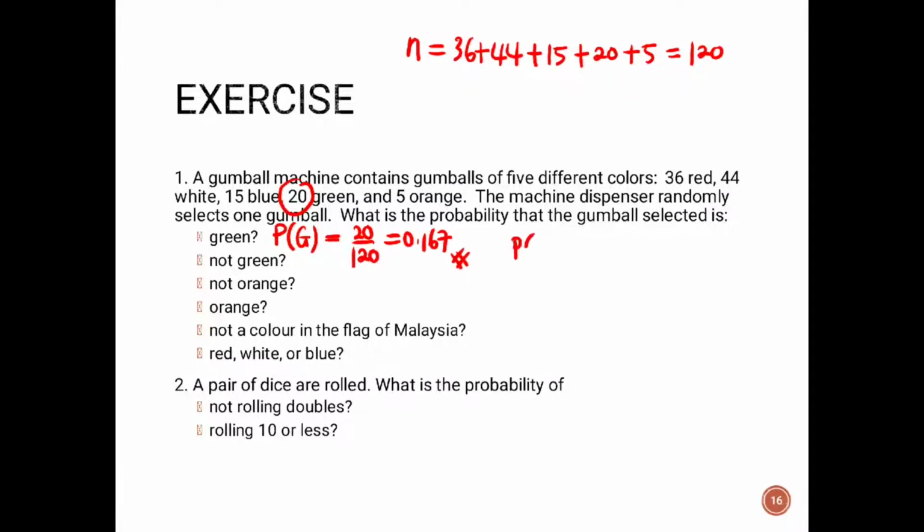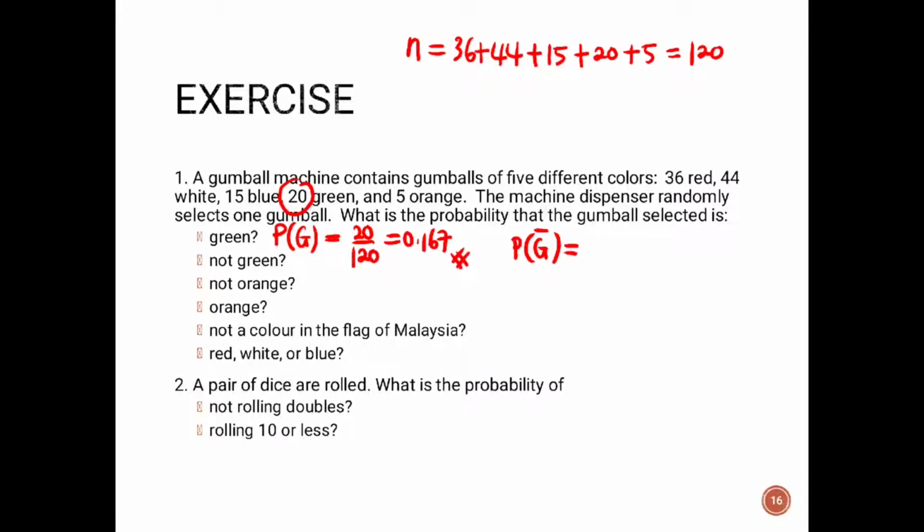Okay, what about the next question? Probability that the gumball is not green. Okay, probability of G bar.